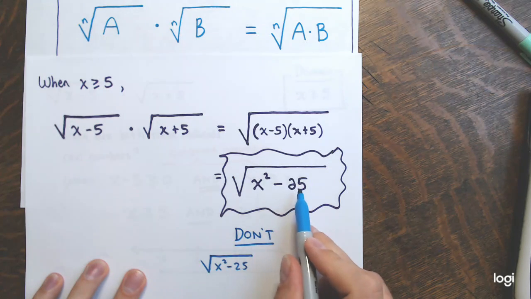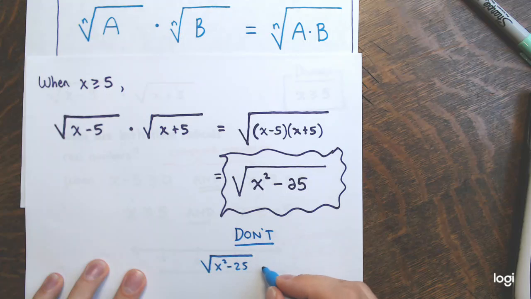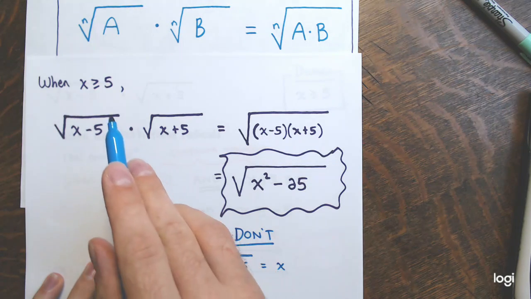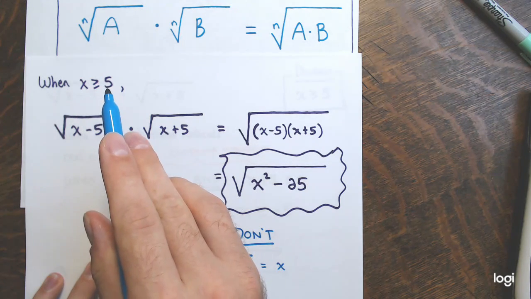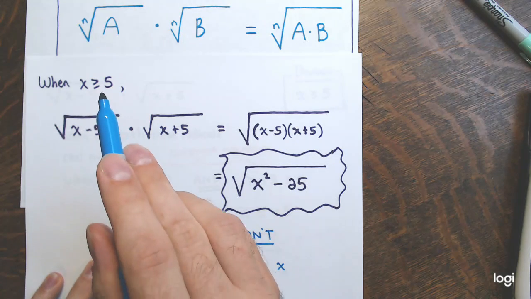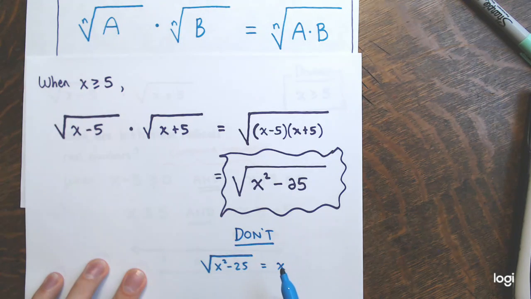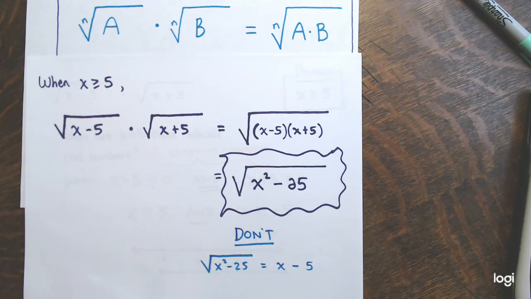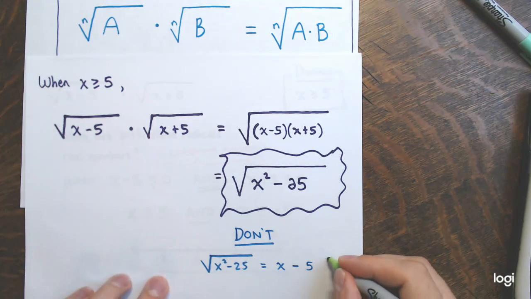You have the square root of x squared minus 25, and then they decide, oh, I'm going to take the square root of x squared, so x, because x is greater than or equal to 5 here. Technically the square root of x squared should be the absolute value of x, but x is 5 or greater, so it's already non-negative, so I can just call it x. Then minus the square root of 25, which is 5, and they'll say this is x minus 5. That is incorrect. This is wrong right here.